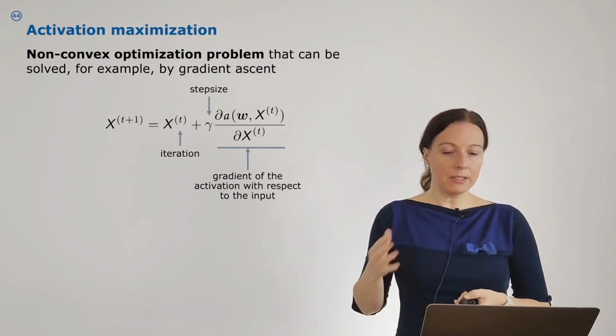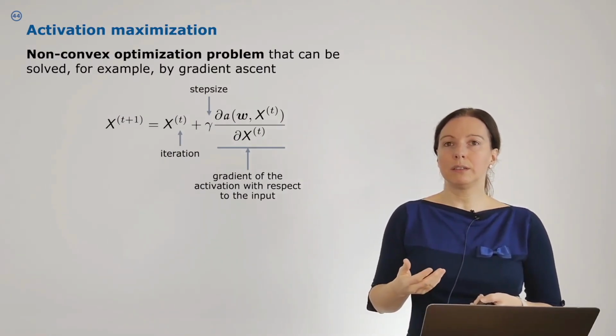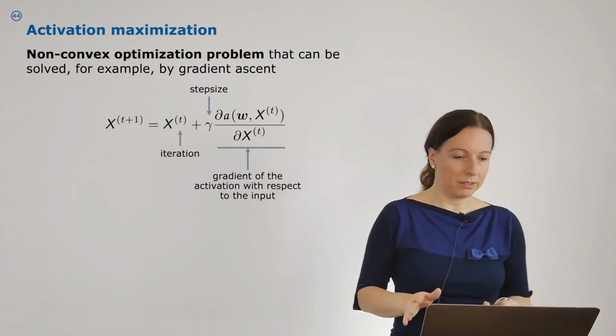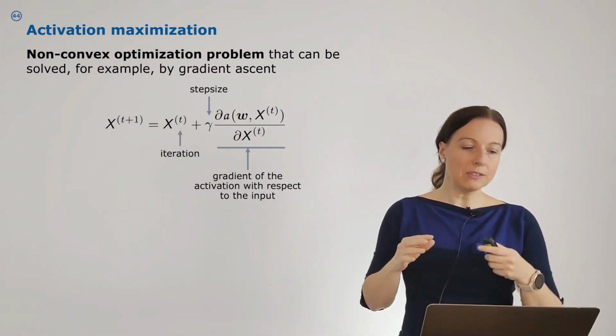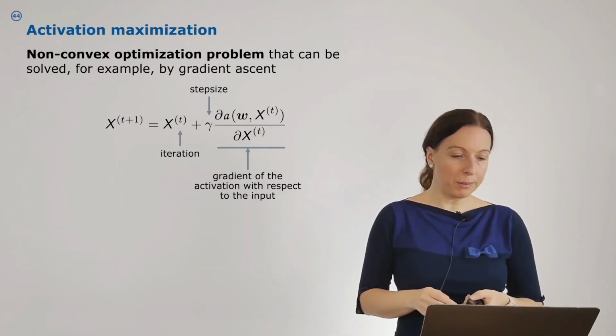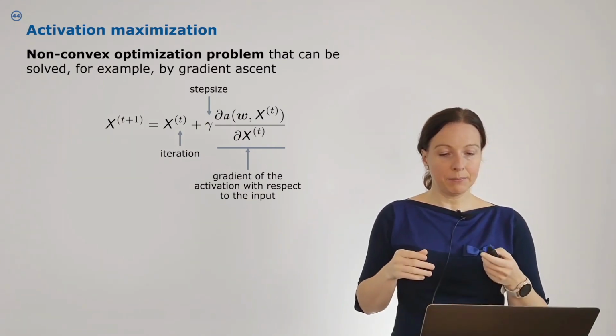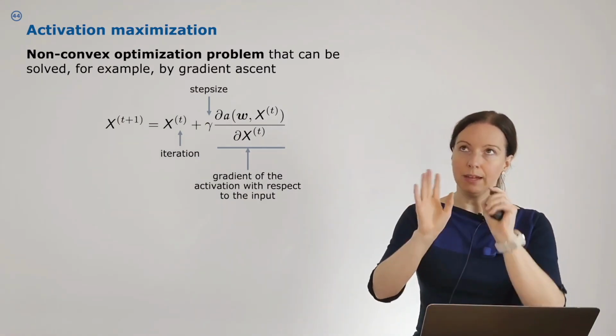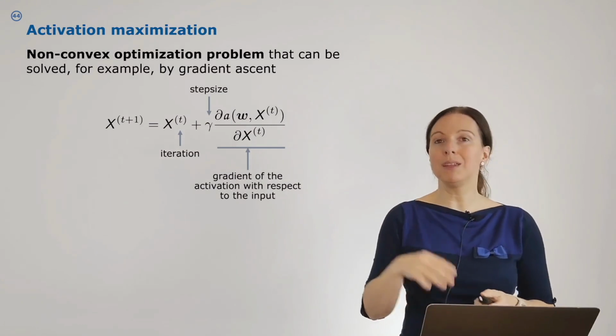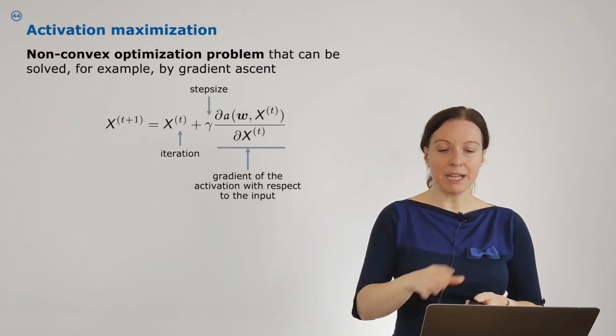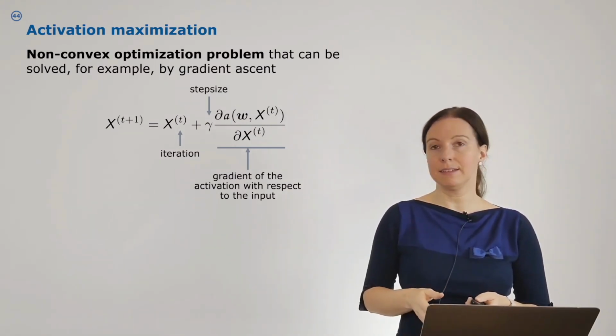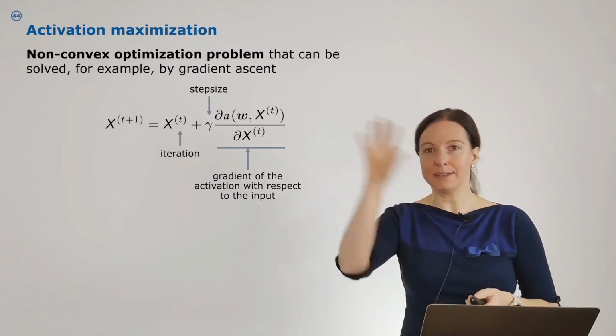So let's dive a little bit more into the optimization process. It's a non-convex optimization problem. First, I need to mention that for the following, we omit the indices. So imagine A is a selected activation you want to analyze somewhere in the network.